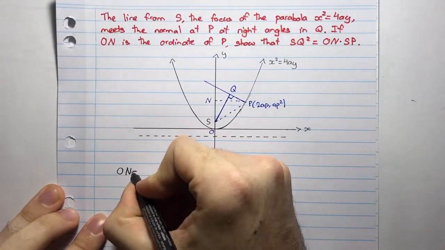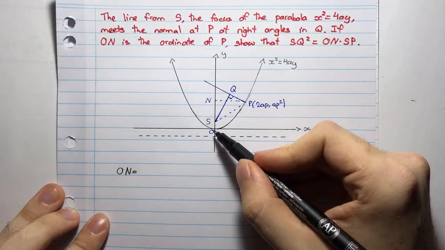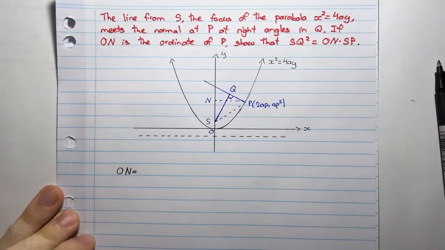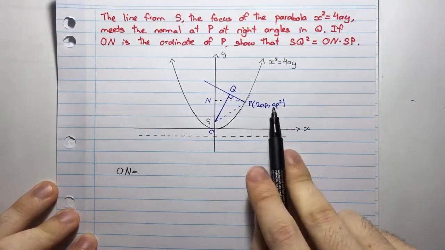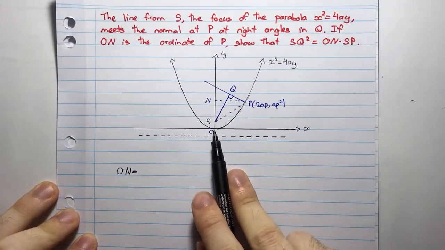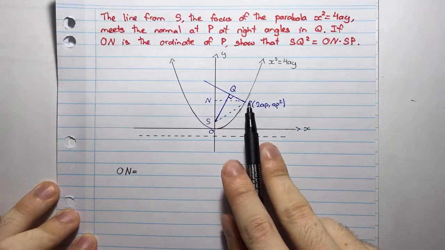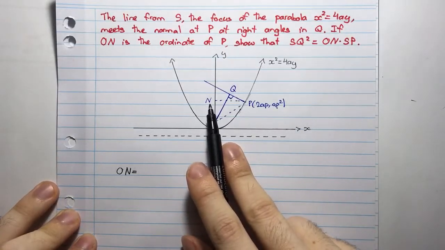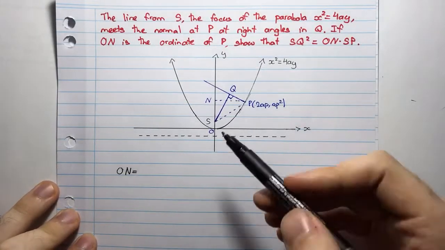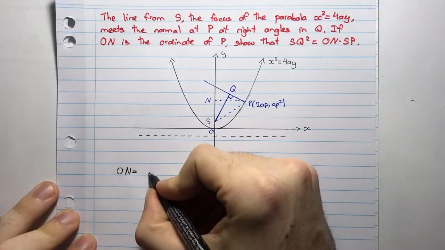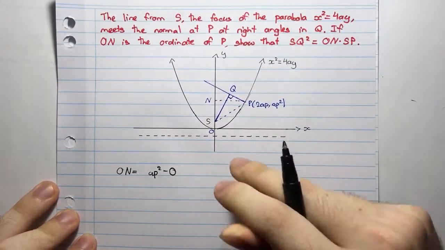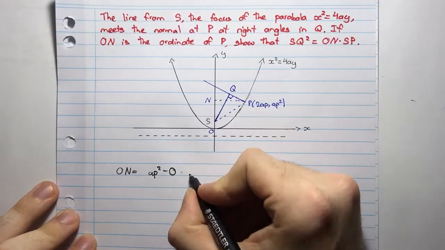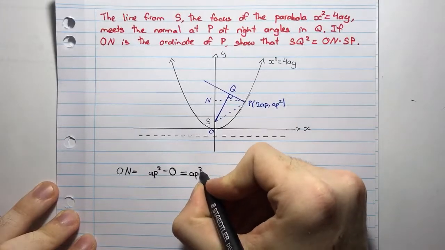ON is just the distance from the origin to the point N. Now the point N has coordinates, well, I'm on the y-axis, so the x-coordinate is 0, and if I've moved horizontally across from P, we have the same y-coordinate, so this is the point 0, AP squared. So the distance ON should be AP squared minus 0, because I'm just subtracting the y values of O and N, and that is obviously AP squared.